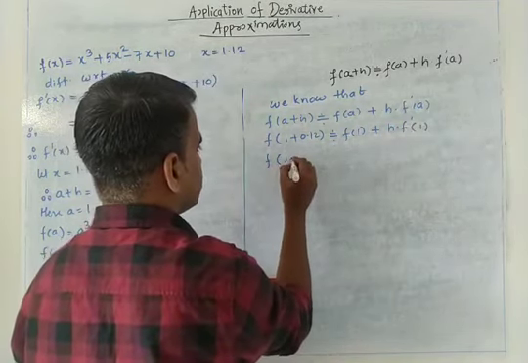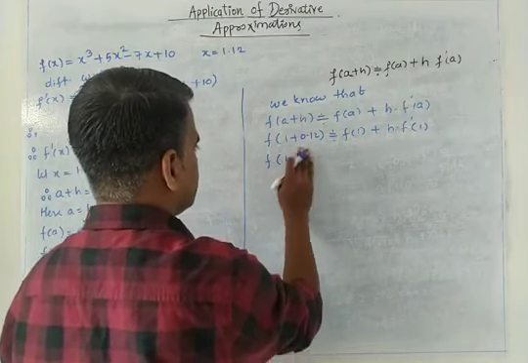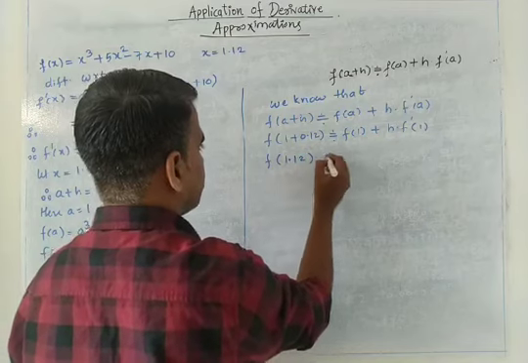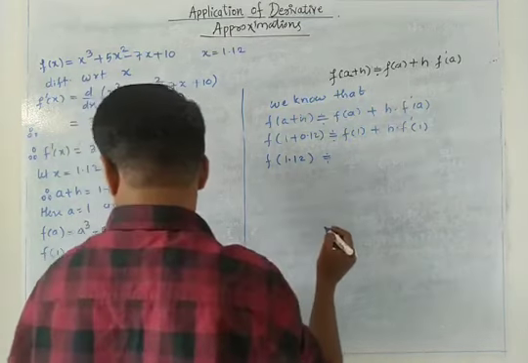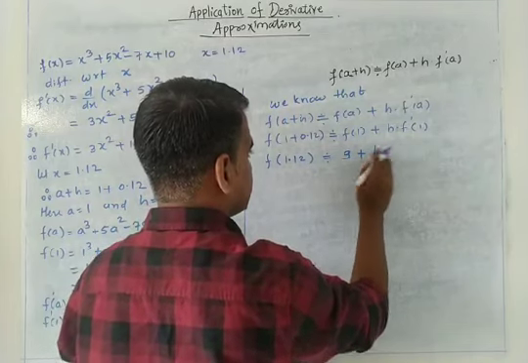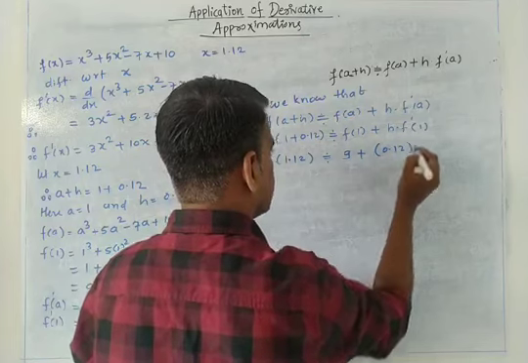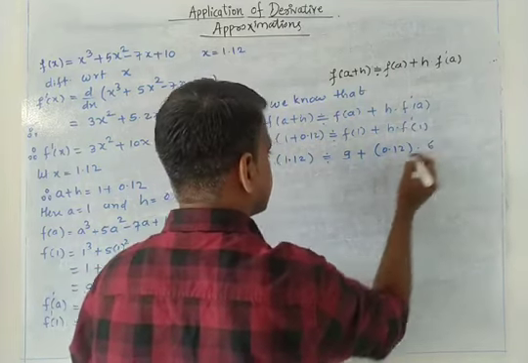That is f of 1.12 is approximately equal to f of 1. So what is f of 1? It is 9, and the value of h we have is 0.12, into f dash of 1, which is 6.